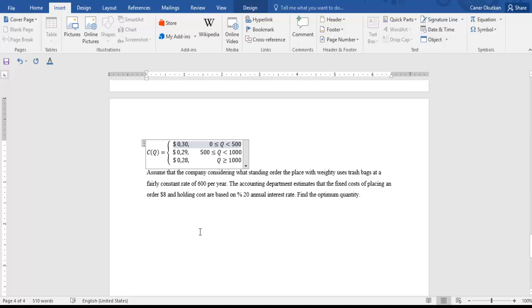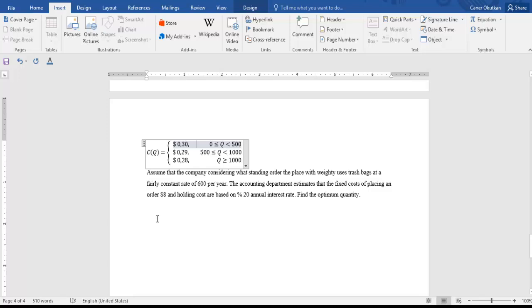The quantity between 500 and 1000, the cost is $0.29, and if quantity bigger than 1000, we use $0.28.